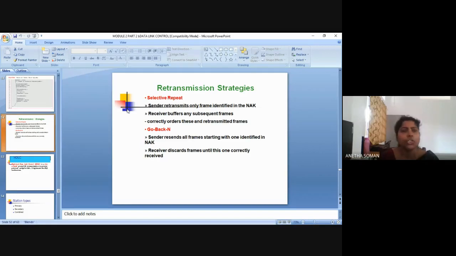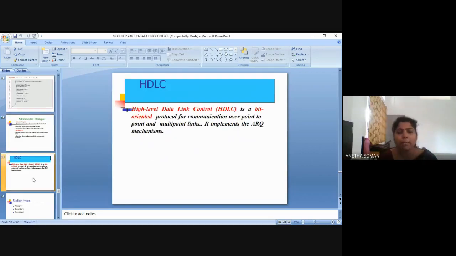Okay, now today we will be studying a protocol called HDLC. HDLC means High Level Data Link Control. Actually, High Level Data Link Control, or HDLC, is a bit-oriented protocol.